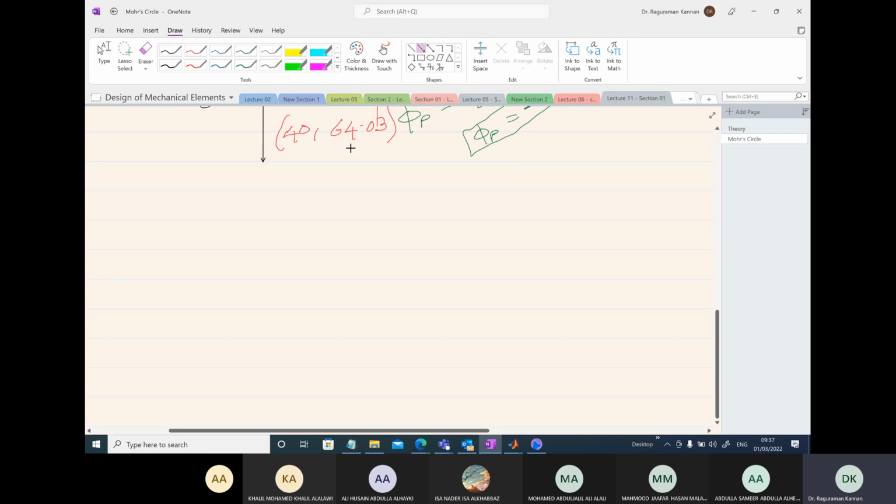First, I'm going to draw the x and y axes.